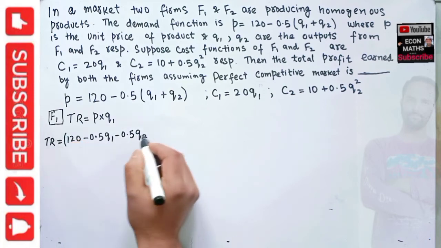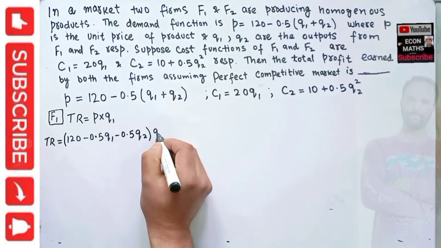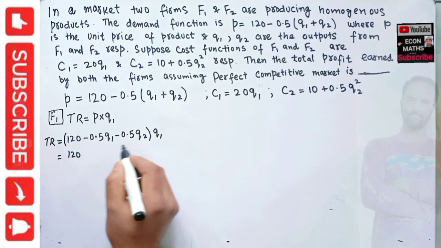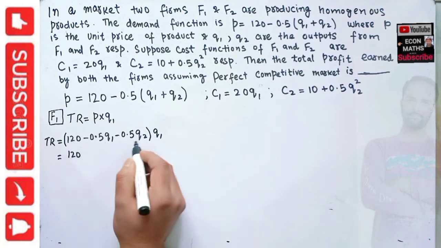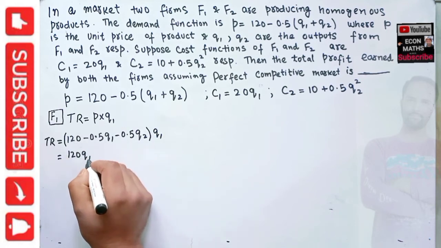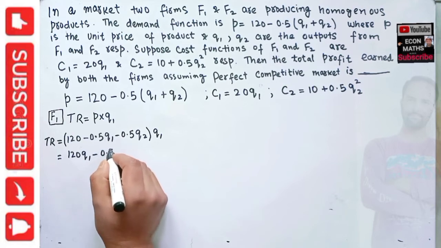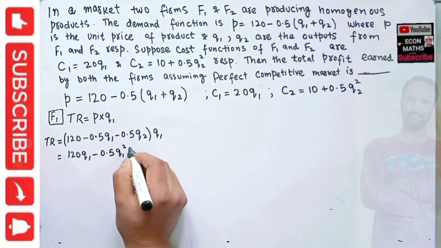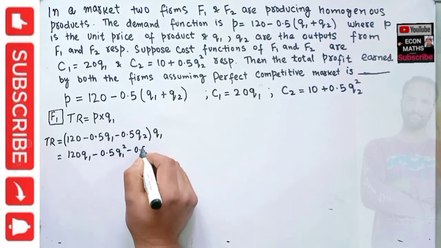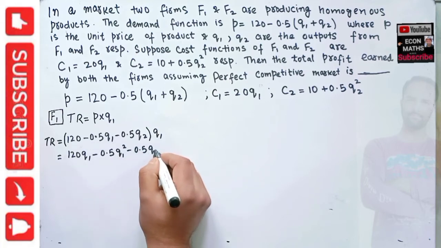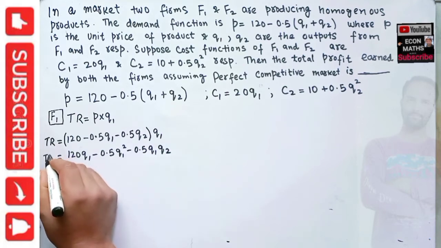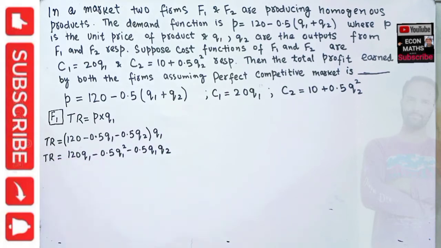This is our P, and to this we multiply Q1. Multiplying Q1 to each of these terms, we get 120 Q1 minus 0.5 Q1 squared, since Q1 into Q1 is Q1 square, minus 0.5 Q1 Q2. This is the total revenue for firm 1.